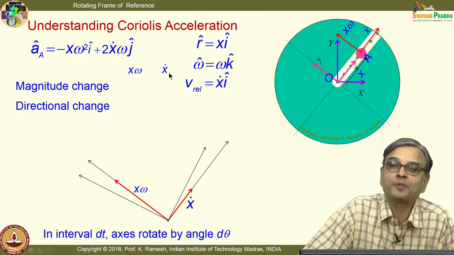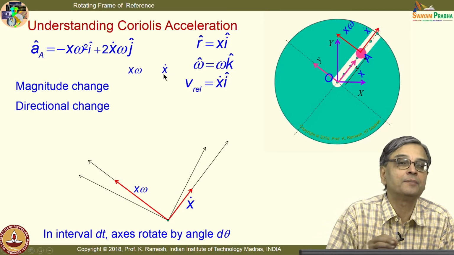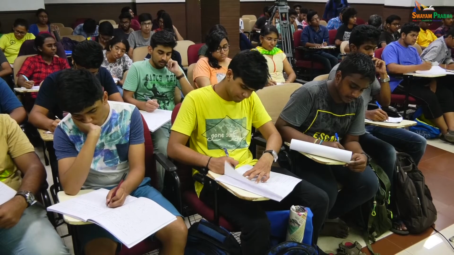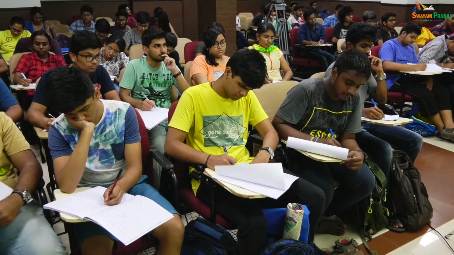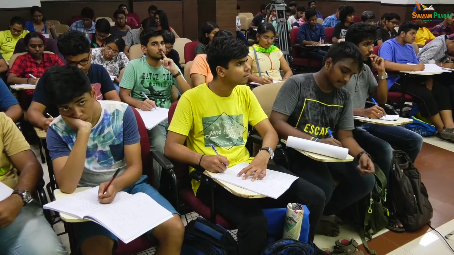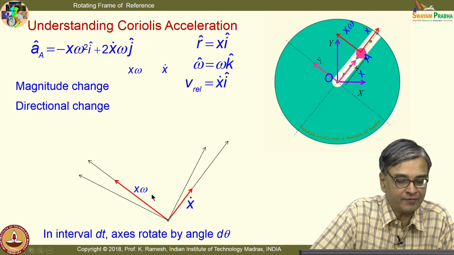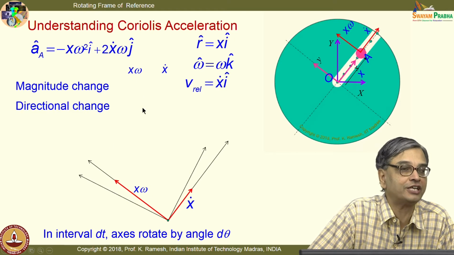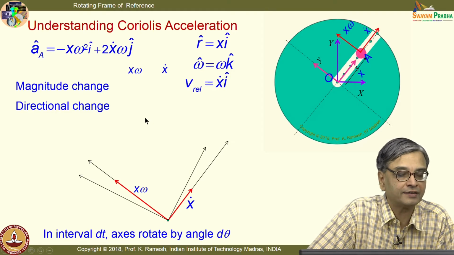What is given in the problem statement? The particle moves with a constant velocity. Fine, x dot remains constant, so there is no magnitude change of x dot. On the other hand, x omega does have a magnitude change. Okay, so how would I write this?